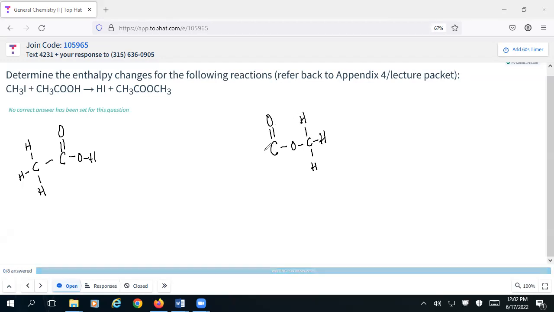It's a different ester. The one we made in lab was propyl acetate. This one is just methyl acetate. So those are the 2 organic structures. So take that and use it, and we'll come back in a couple minutes, go through this problem, and cap off the week.